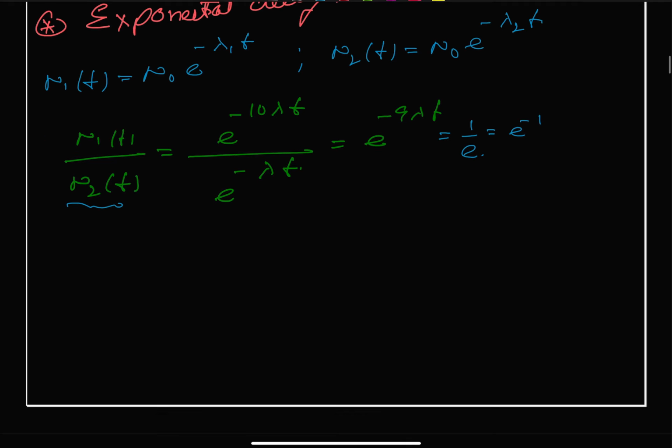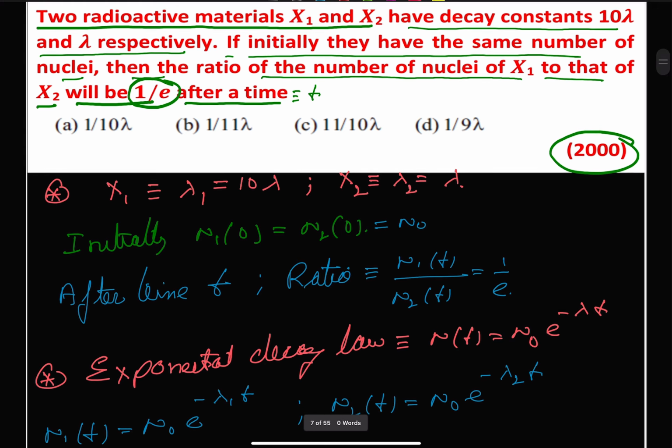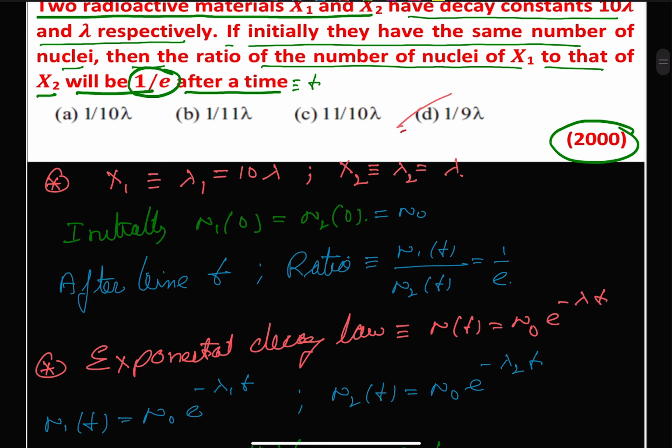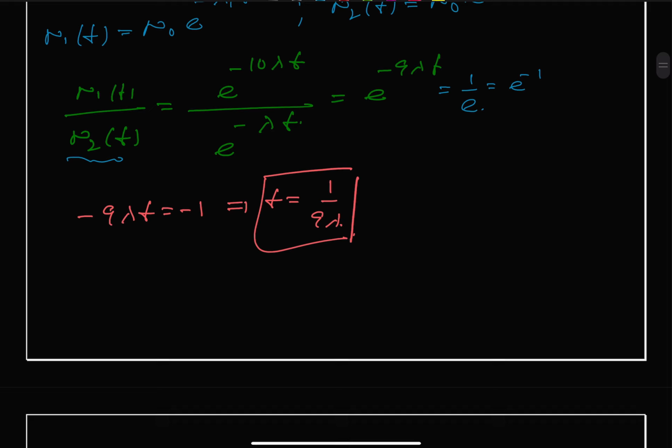So from here we can write that minus 9 lambda t is equal to minus 1, giving us that the value of t is equal to 1 upon 9 times lambda. So option D is correct.